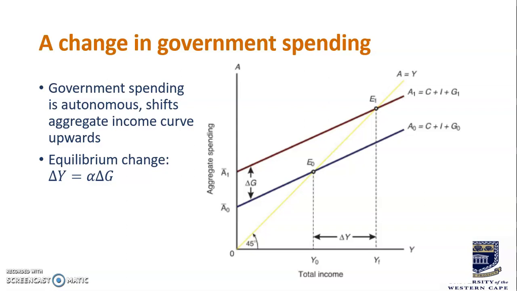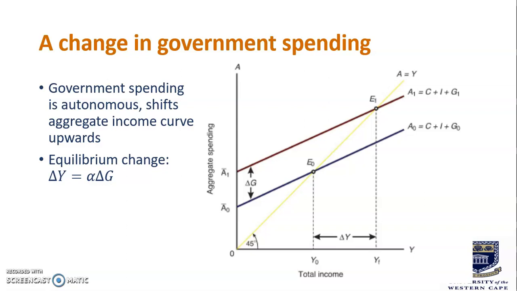Increasing production will also result in an increase in income level. And when the income level increases, induced consumption expenditure will also increase, and this will further increase aggregate spending.